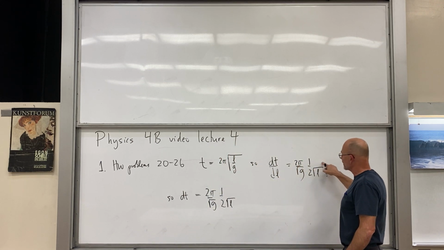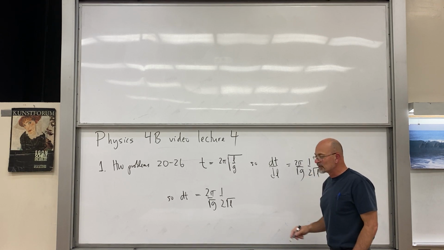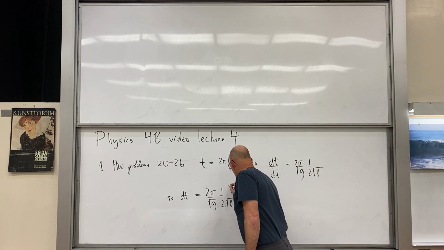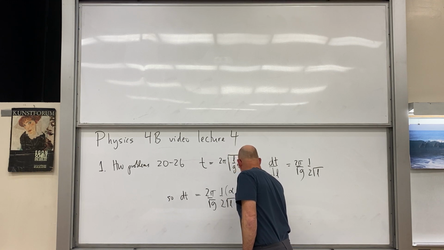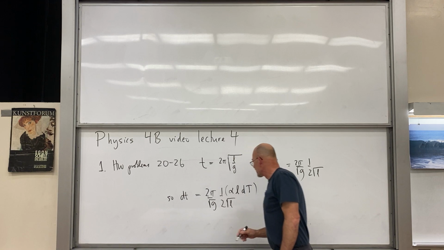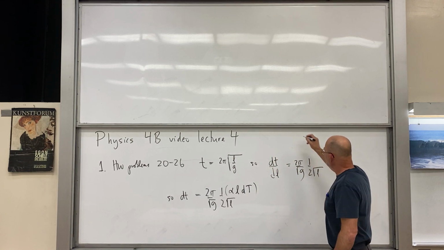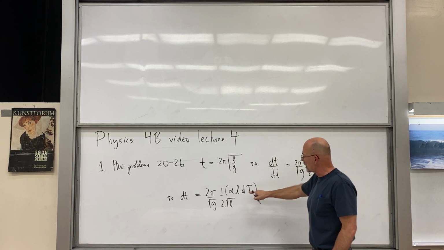But the dL, I'm going to cross multiply over here, is going to be alpha L dT, because that's the temperature law, right?